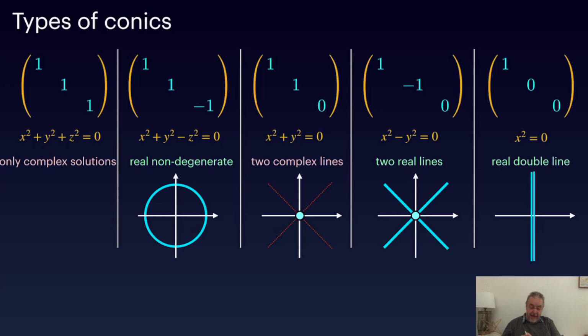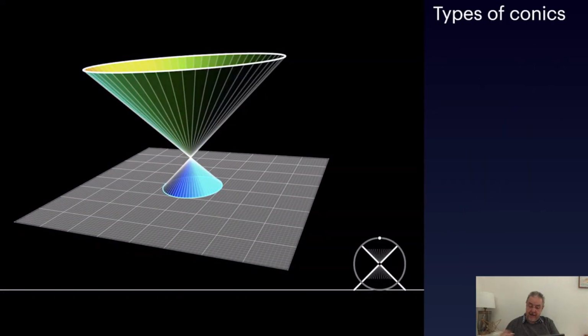So let me give you one more picture of what's going on, and for a moment focus on the real non-degenerate case, and I want to show you how you can geometrically think about conics as really literally conic sections.